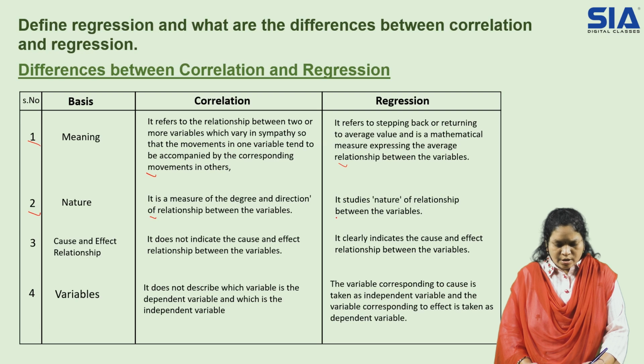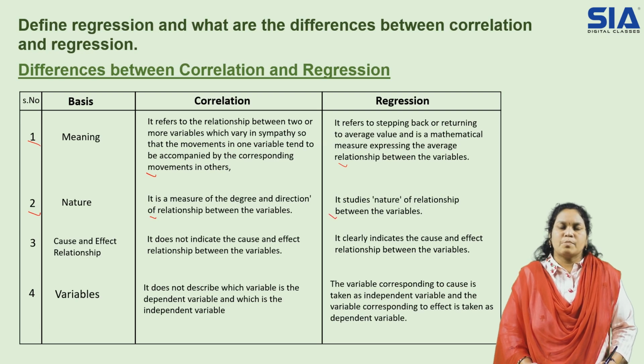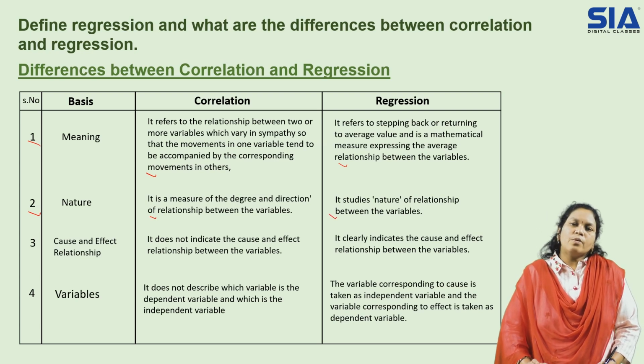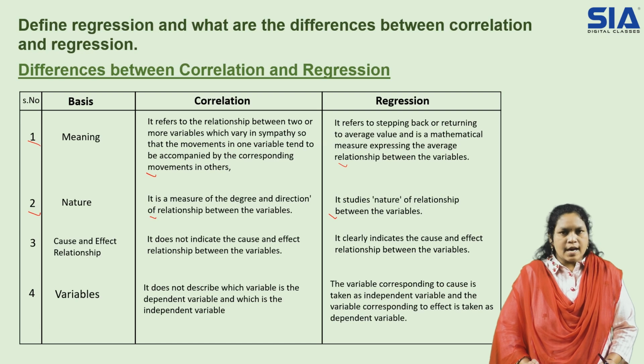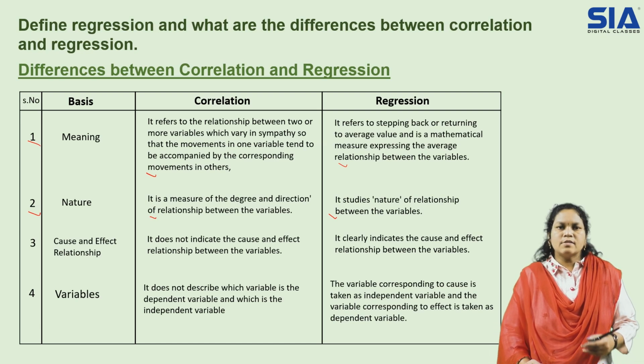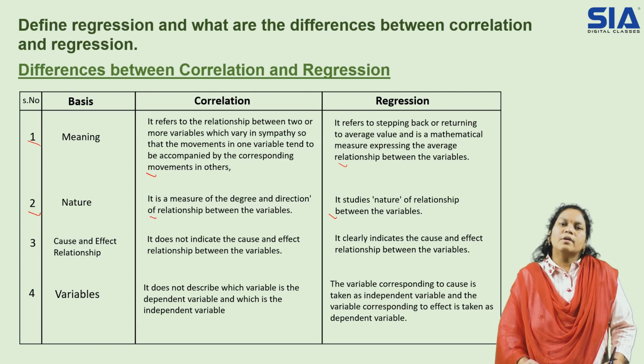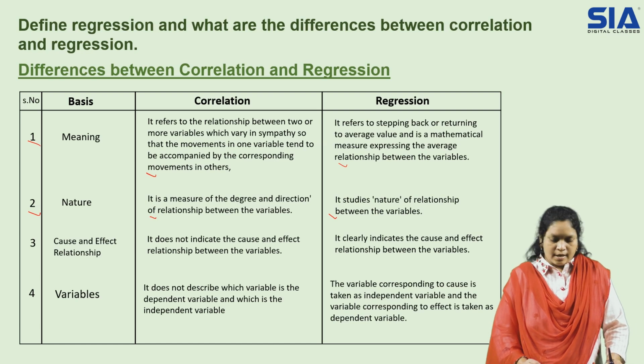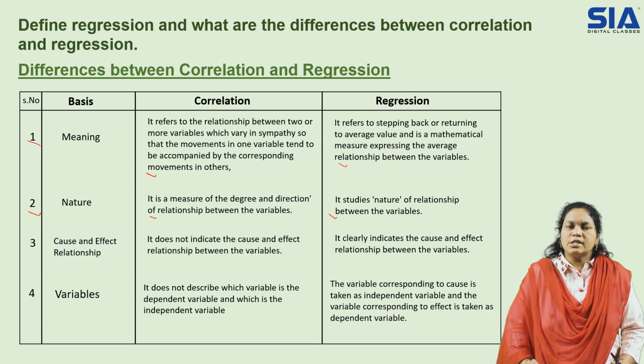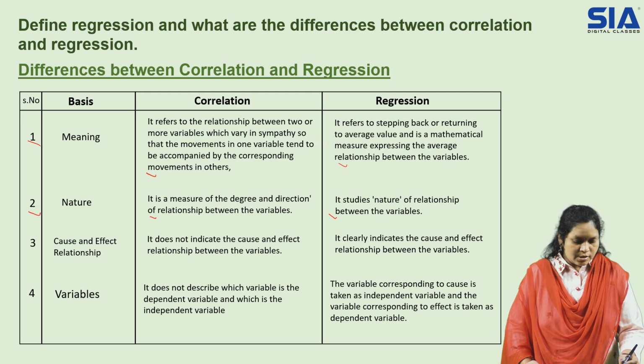It studies the nature of relationship between the variables. In the sense, how one variable influences the other variable we'll be learning, right? That's what is nature, how both are related. So that is your second point.